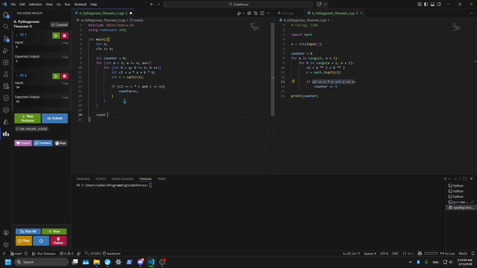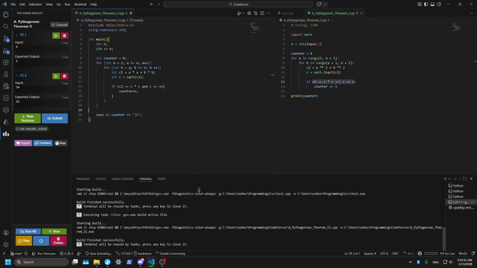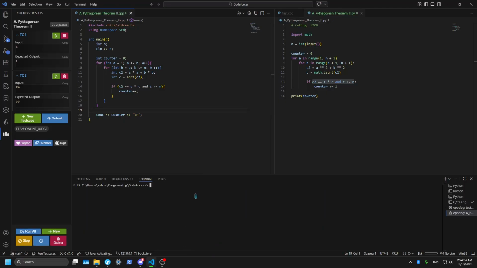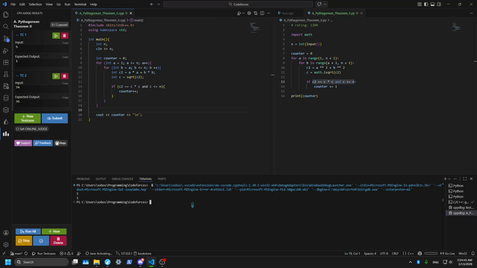And then cout counter newline. Just run this. Okay, let's do 5. Just check. Okay, it works.